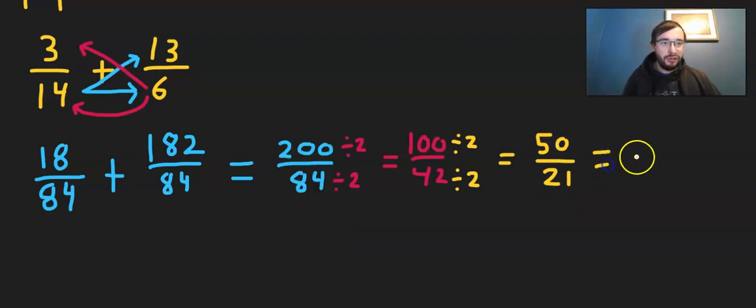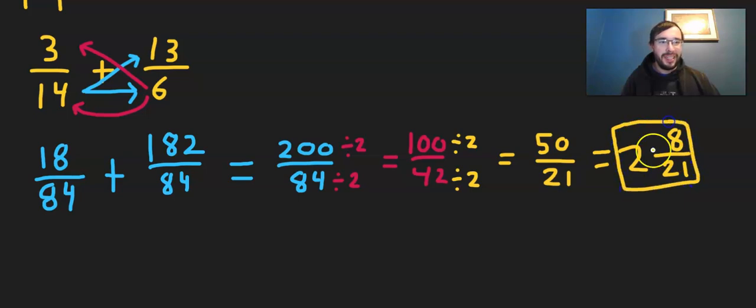We can get 2 groups of 21 out of 50. And if we took those 2 groups out, we would have a remainder of 8 out of 21. And if you weren't sure if you were able to fully simplify at this step, you should be able to tell at this step, but I'll tell you what, that is as far as we can go. So 2 and 8/21.